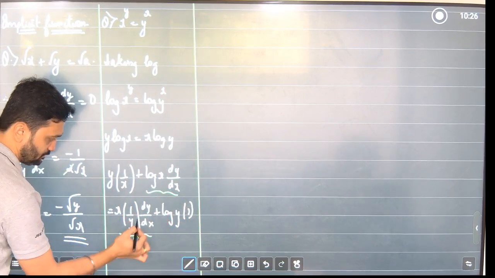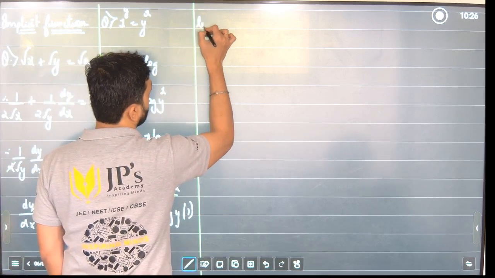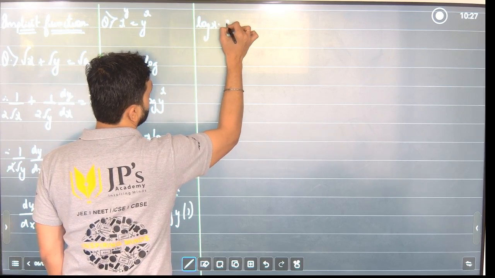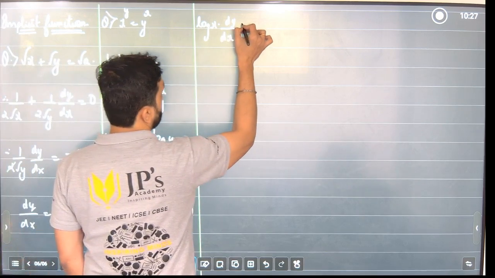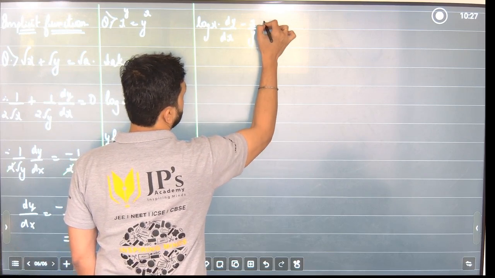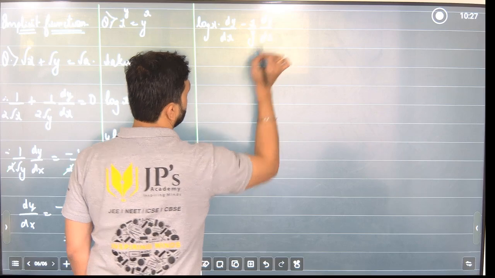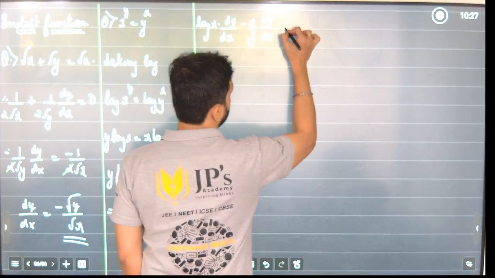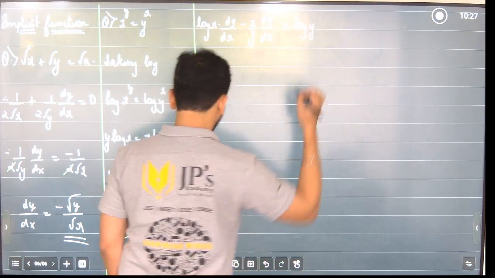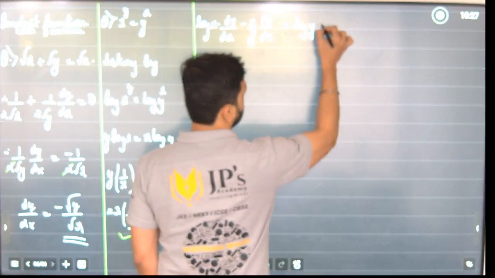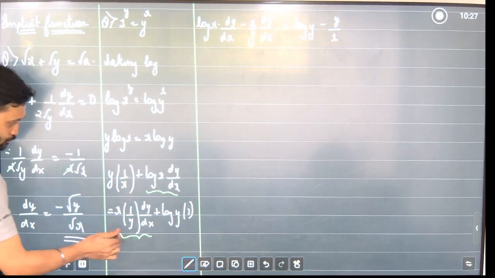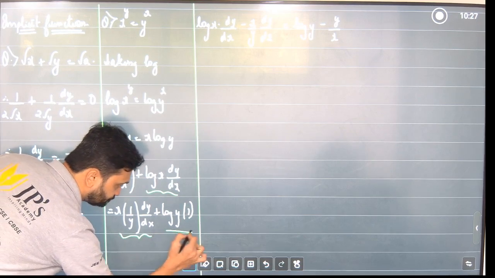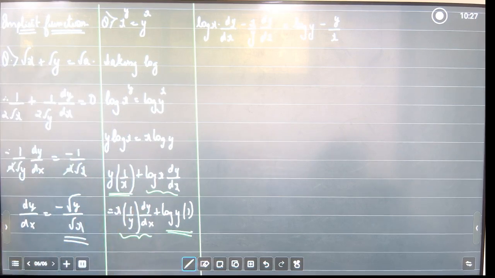This is your dy by dx term, this is your dy by dx term, so this will become like this: log x into dy by dx minus x upon y dy by dx is equal to log y minus y upon x. So this term and this term are your non dy by dx terms. This term and this term are your dy by dx terms.